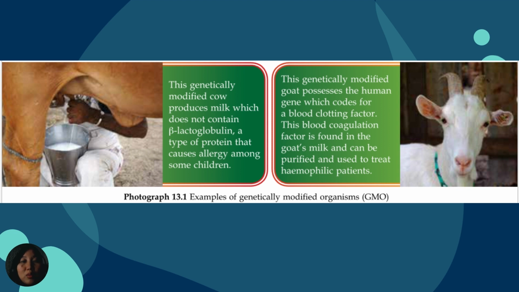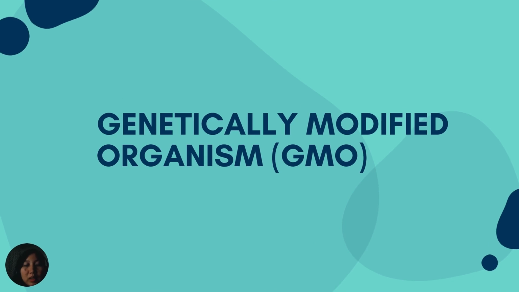Blood clotting factor. So bila seseorang yang ada hemofilik minum susu kambing tu, dia akan dapat manfaat blood clotting factor tu. Ia akan boleh membantu orang yang hemofilik ni supaya apabila diorang mengalami pendarahan, darah diorang akan cepat membeku. Alright? So that is a GMO.